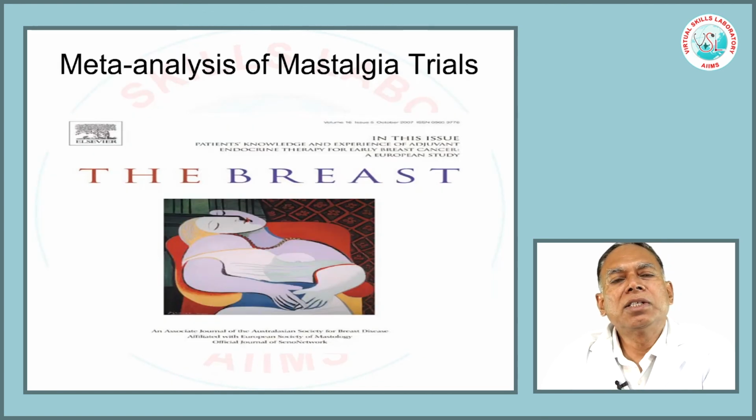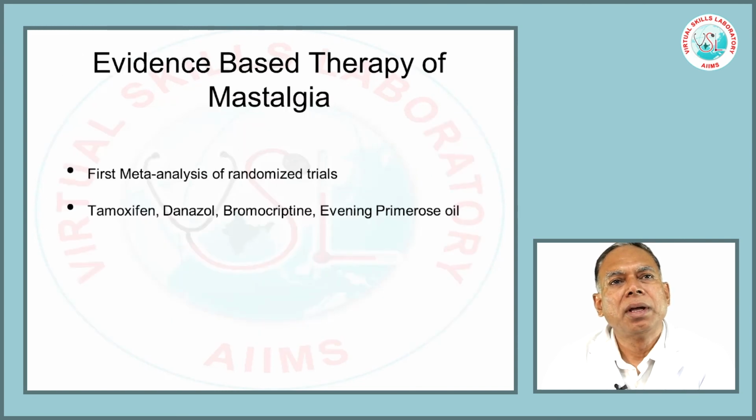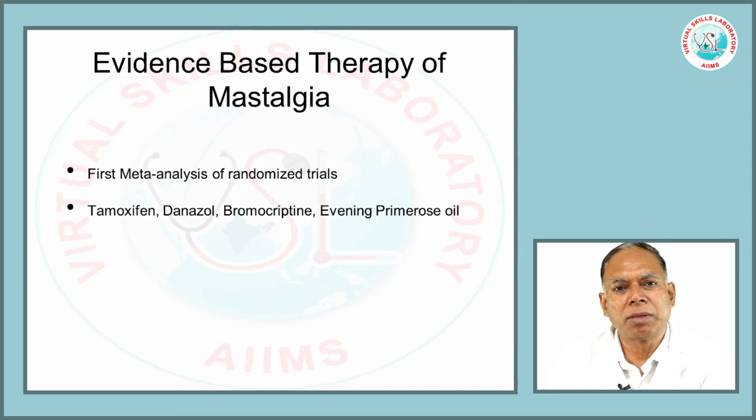A meta-analysis of commonly used medications for mastalgia has been carried out, and just to recap the results of this meta-analysis, which was the first of its kind for evaluating results of 4 drugs used for mastalgia, that is Tamoxifen, Danazol, Bromocriptine and evening primrose oil.